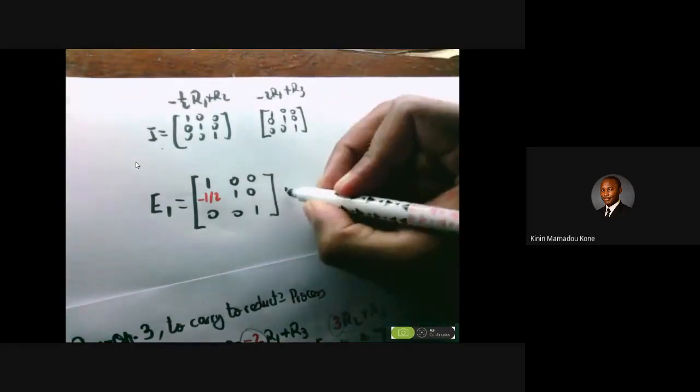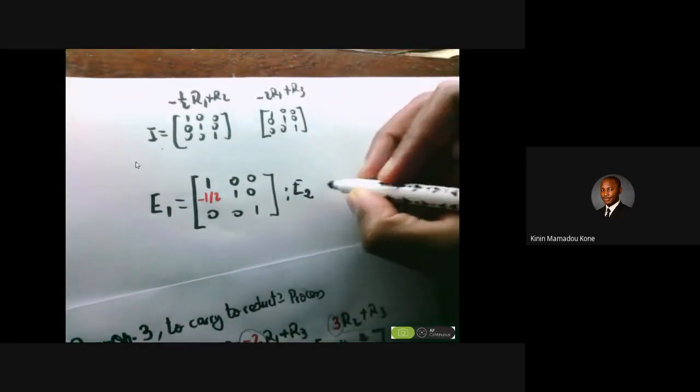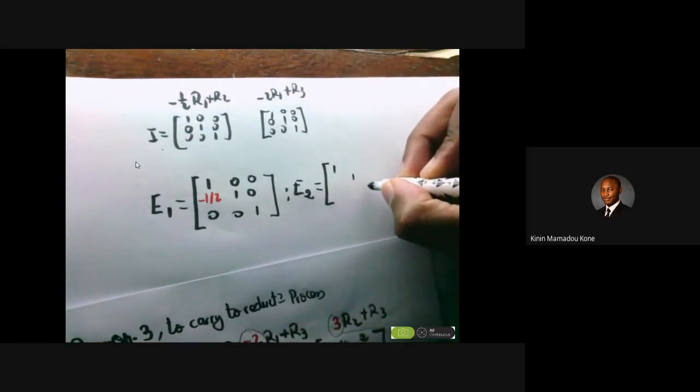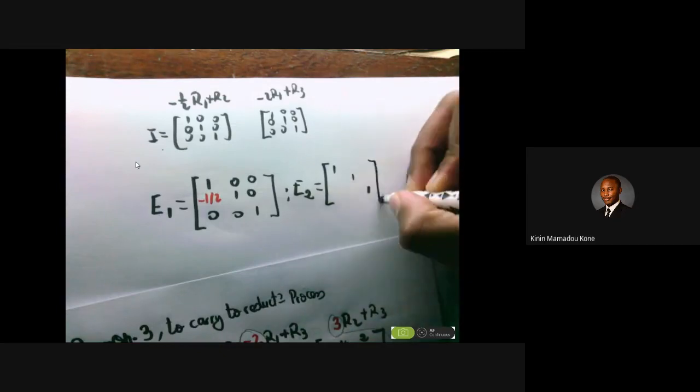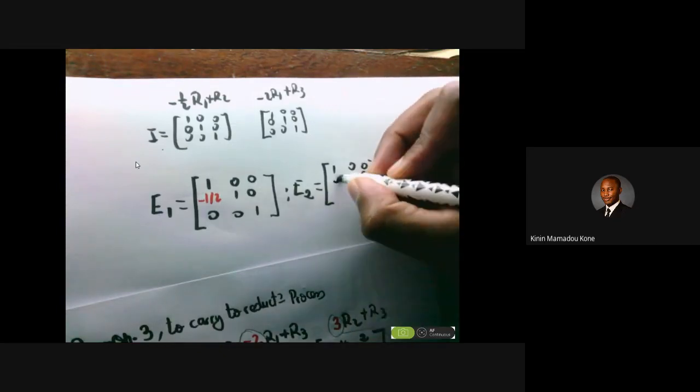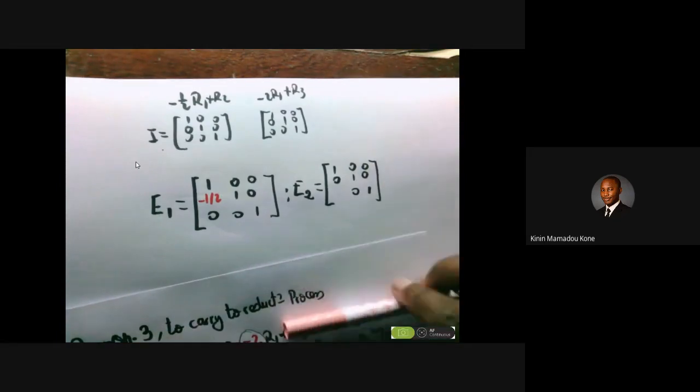We are going to obtain this elementary matrix, with a negative 2 here.